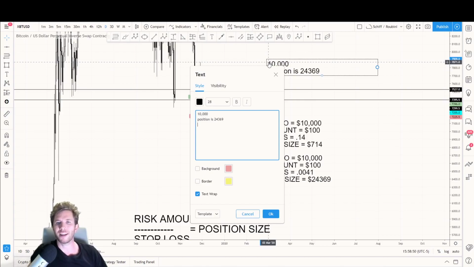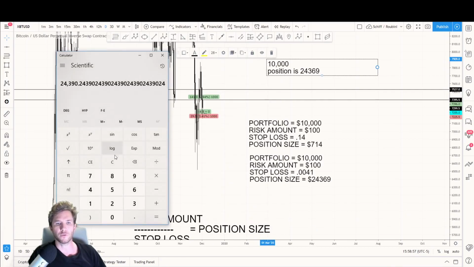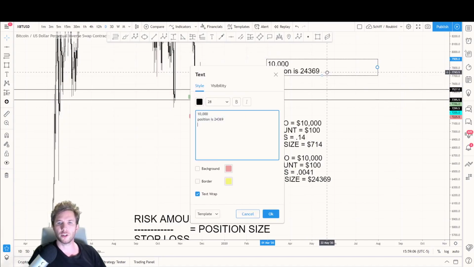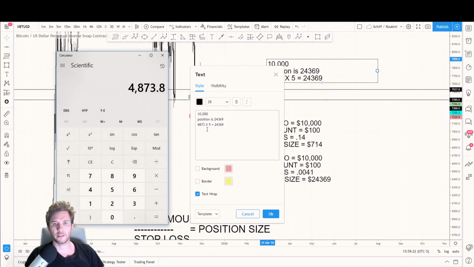If we want to get to that $24,369, we basically just take 24,369 divided by 5. So we'd go $4,873 on 5x leverage, and that gives us our 24,369.